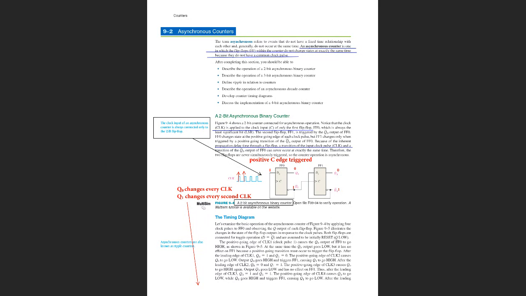Let's have a 2-bit asynchronous binary counter, for instance, built as in figure 9.4, built on 2 D flip-flops. As you may see, those D flip-flops are triggered by a positive clock slope.